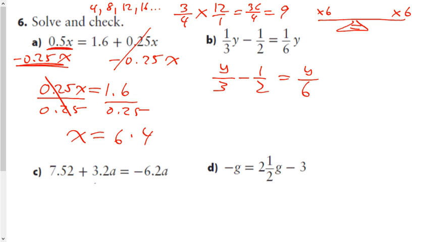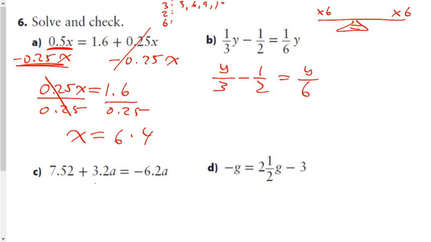So if that's true, then I should choose a multiple that 3, 2, and 6 share. So in this case, 3, 6, 9, 12; 2, 4, 6, 8. If I look at the multiples of 3, 2, and 6, the first one they share is 6. It's a multiple of all of those denominators.